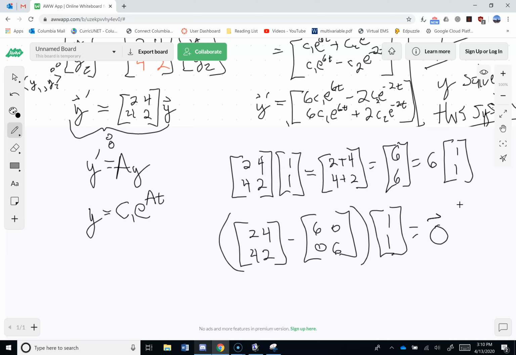Yeah, there's kind of an invertibility criteria here. That's not quite what I was looking for. Let's see. It also looks like this.